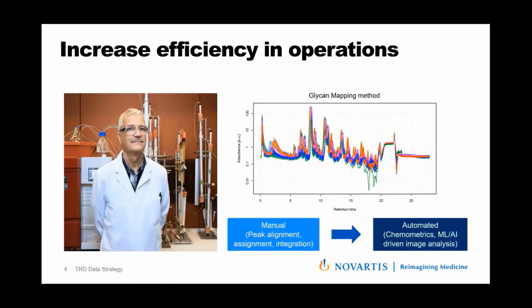Looking into operations on the next slide, there is again, and we've just heard an example before as well, lots and lots of manual activities which can be automated, where we can apply these sophisticated technologies, for example, to do image analysis or automated peak mapping here, for example.